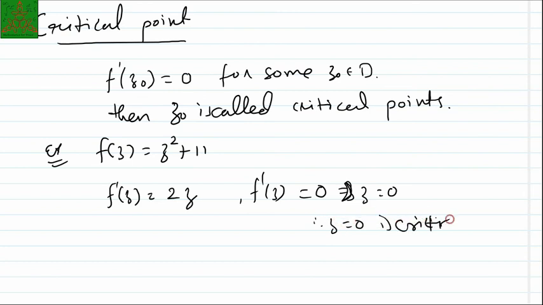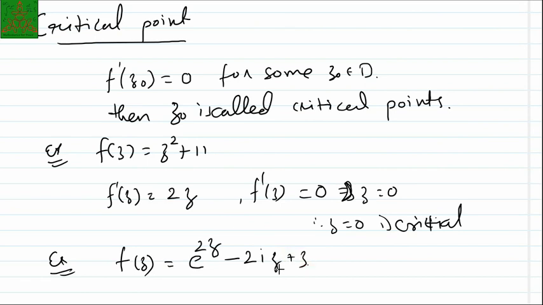At this point the function is not conformal. At all other points it is conformal. I am giving you an exercise: calculate the critical points of the function e power 2z minus 2iz plus 3. Try to calculate them by yourself.